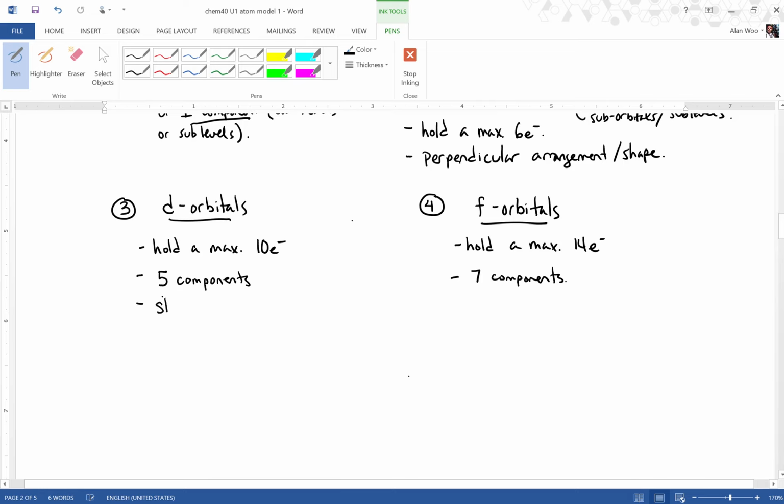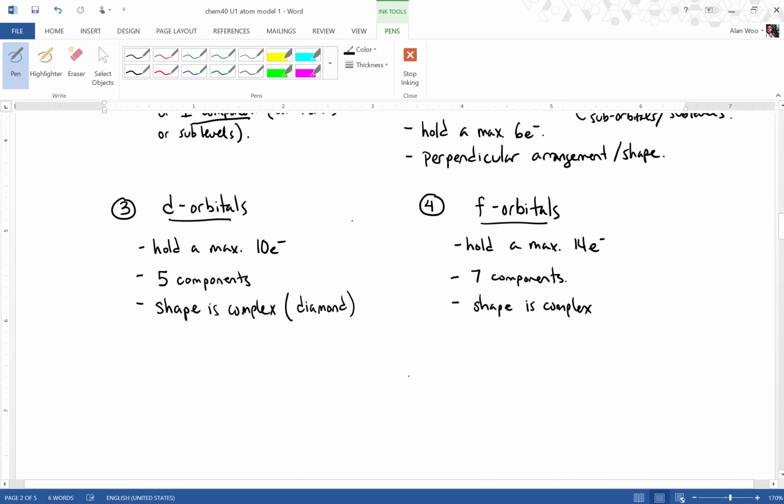The shape is complex because it's made up of 5 components, and they all have a very different shape. But when they all overlap, it resembles more or less a diamond shape. For the f orbitals, the shape is also complex.